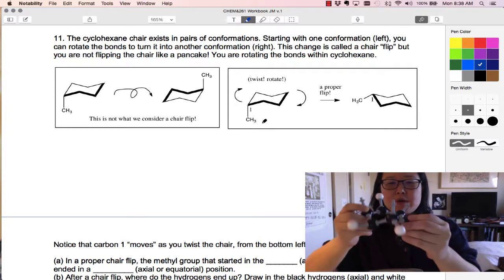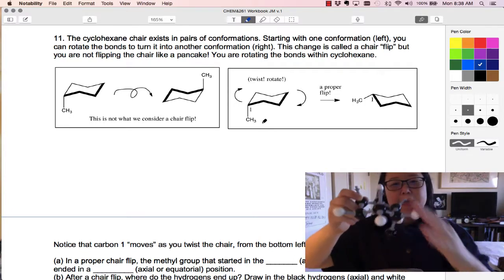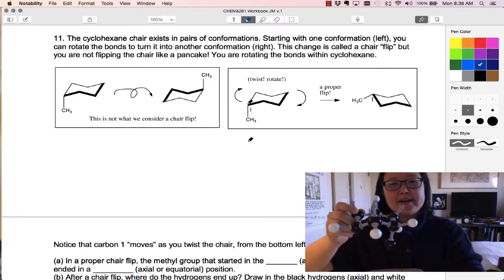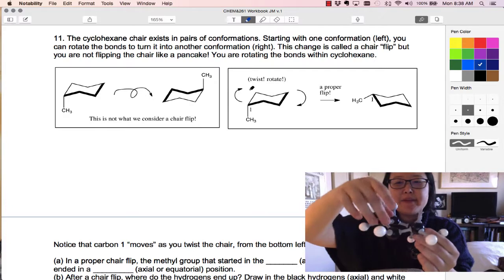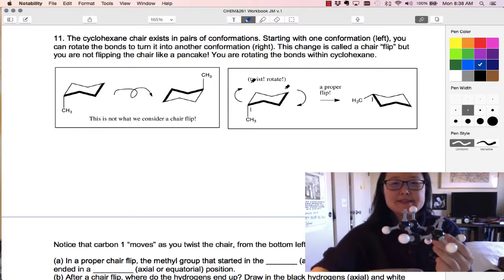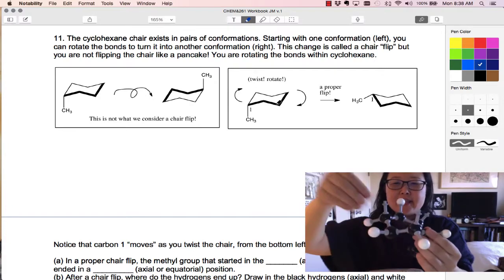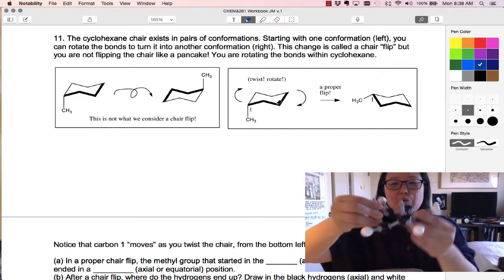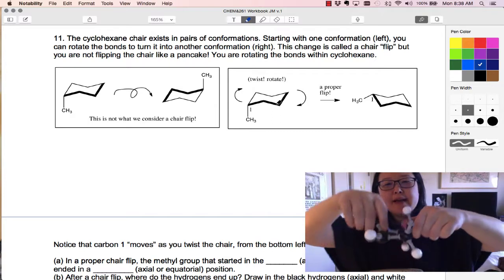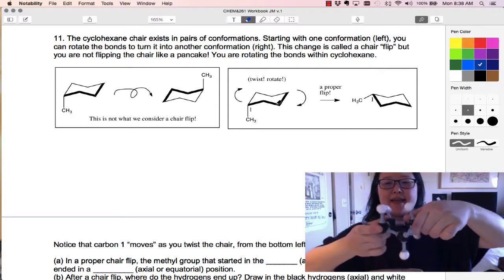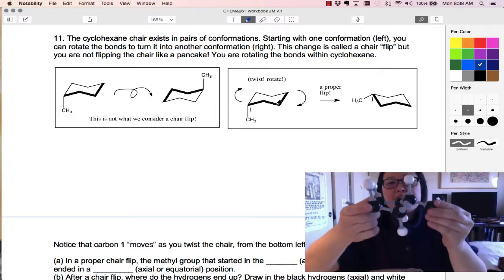This V right here is pointing downward, and this V up here is pointing upward. So I usually keep my eye on those. When I take this down V and move it up, and take the up V and move it down, then I get what we call a chair flip.